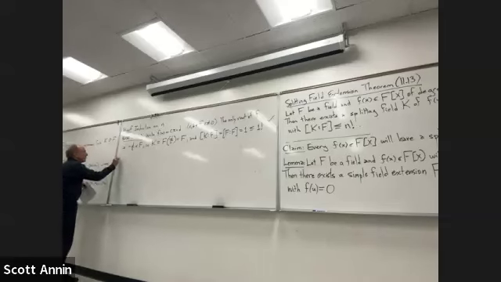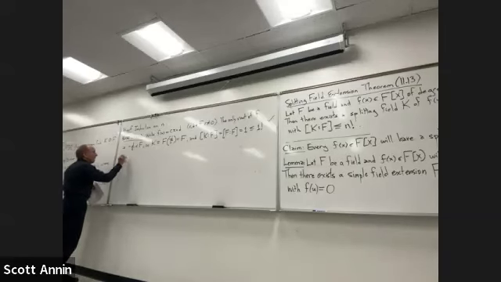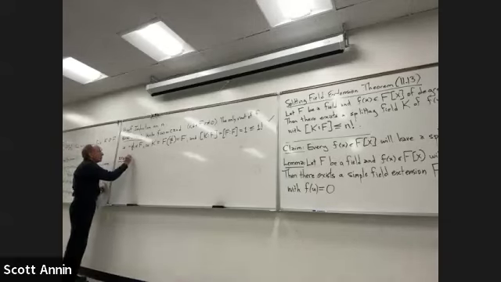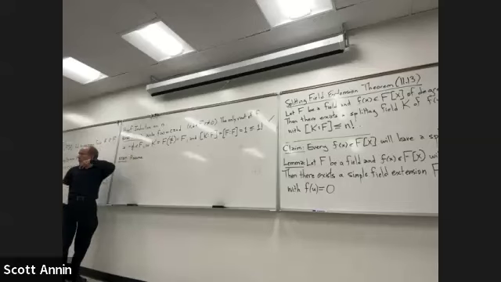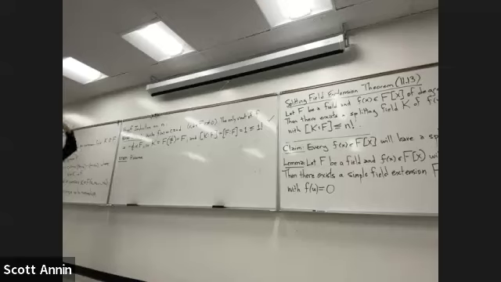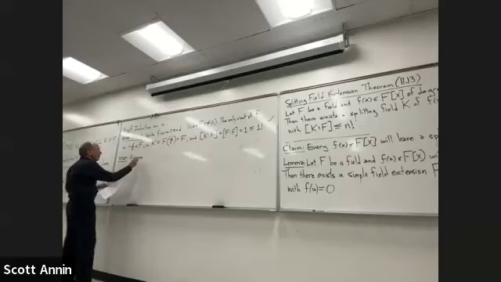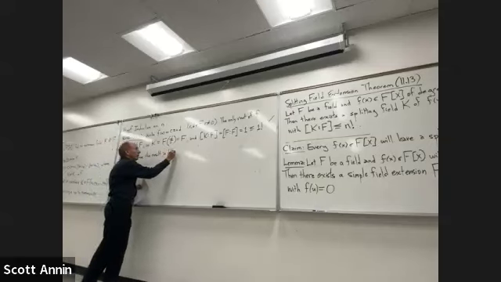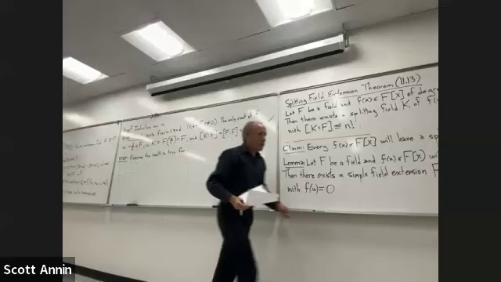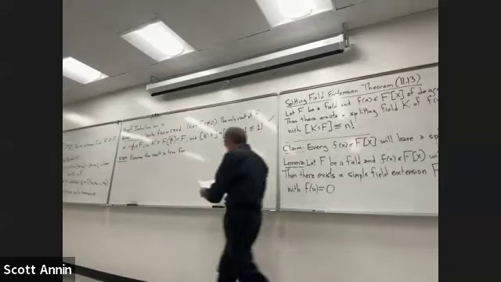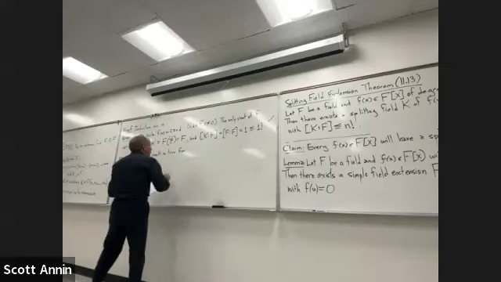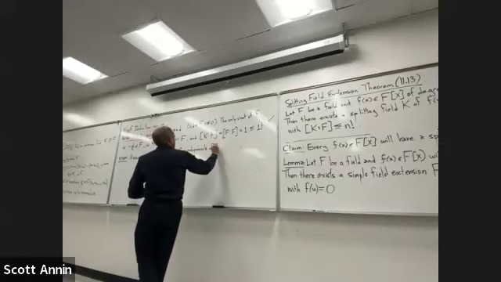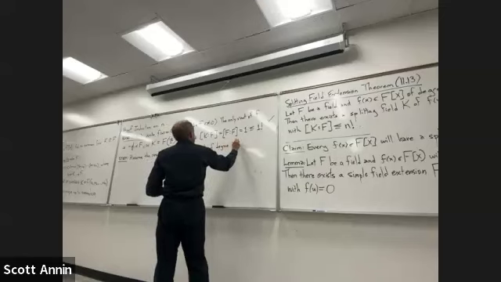Okay, so let's get on to the induction step, the bigger part of the proof, so to speak. Let's assume that this theorem is already true for polynomials up to a certain degree. And then what we're going to try to do is push it one degree higher. So let's assume the result is true for polynomials of degree less than or equal to n.